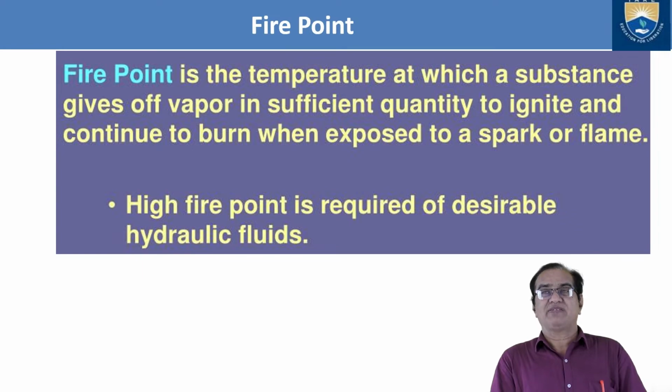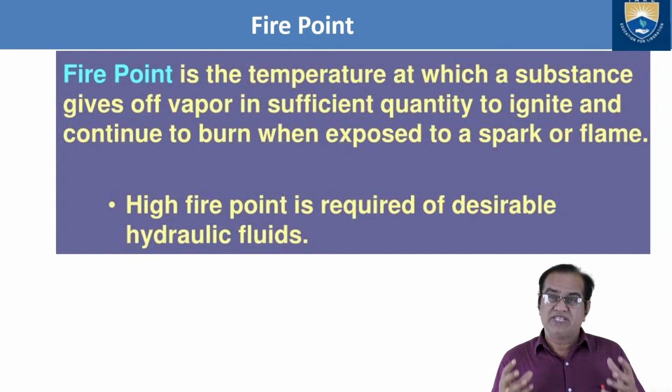So this is the temperature at which sufficient vapors are there, and if you give a small spark, it will start burning and it will continue to burn. At the flash point, it will not continue to burn. Okay, that is the difference.